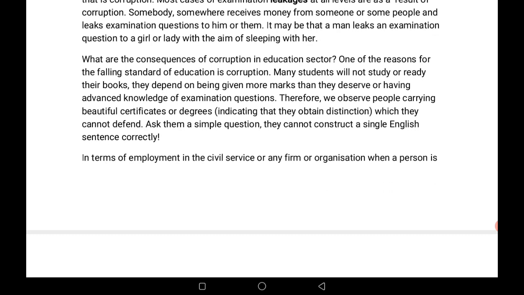Many students, instead of studying or reading their books, depend on marks that they will earn from their lecturer or teacher after giving them money, or after allowing those teachers or lecturers to sleep with them. And at the end of the day, many of these students come out with good grades or certificates, but yet they can't defend these certificates.